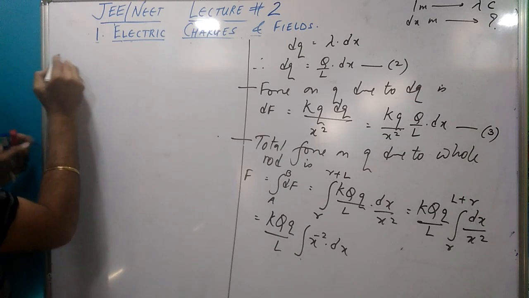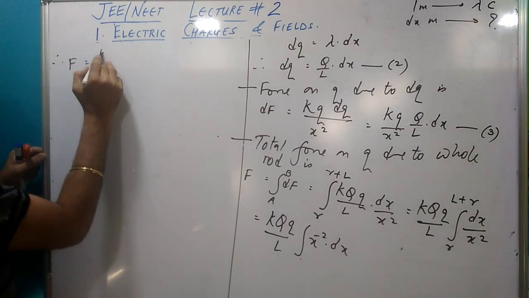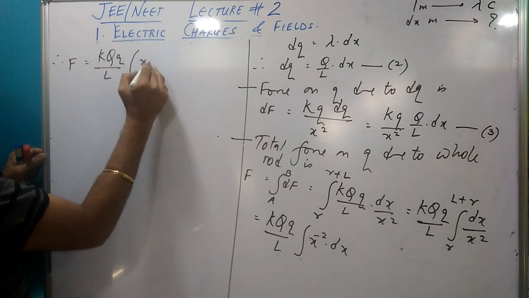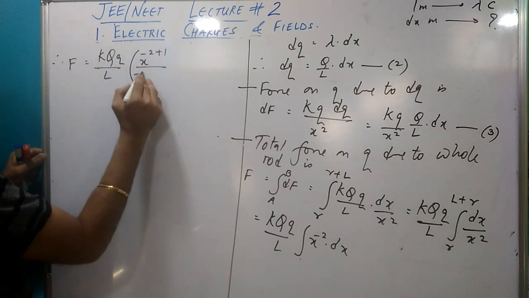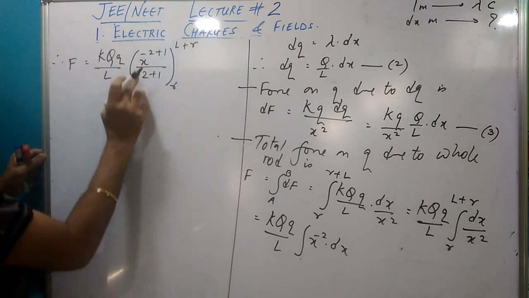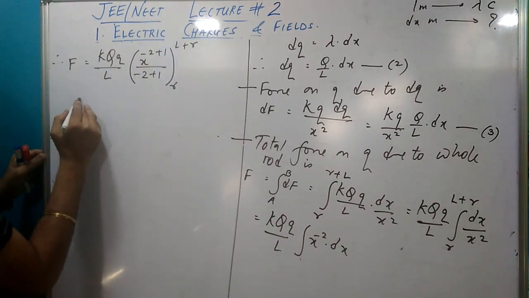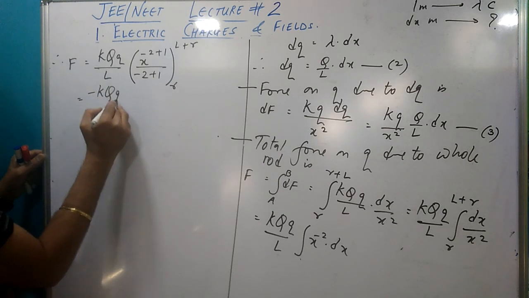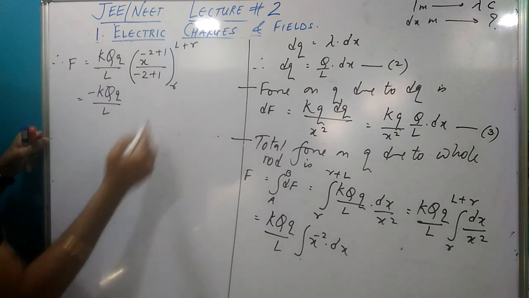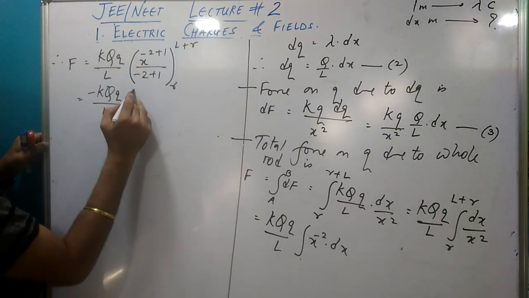So kQQ by L, x raised to minus 2 plus 1 over minus 2 plus 1, from R to L plus R. Minus 2 plus 1 is minus 1. This comes out. And x raised to minus 2 plus 1 is minus 1, so this becomes 1 by x.